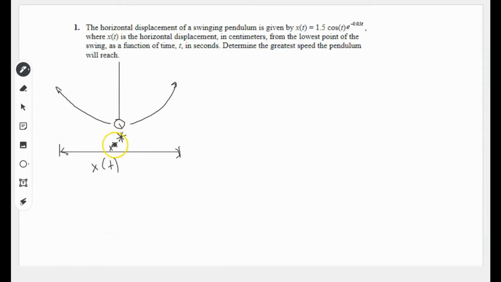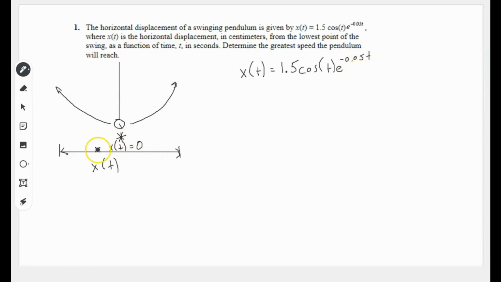where this is true. Okay, so speed's going to be a maximum here. So if you look at this equation, let me write down the function here, 1.5 times the cos of t, e to the minus 0.05t.